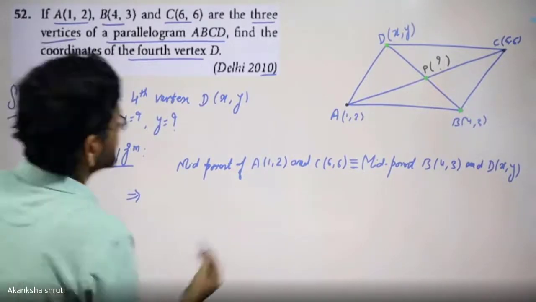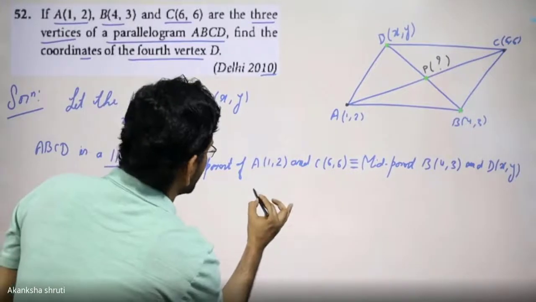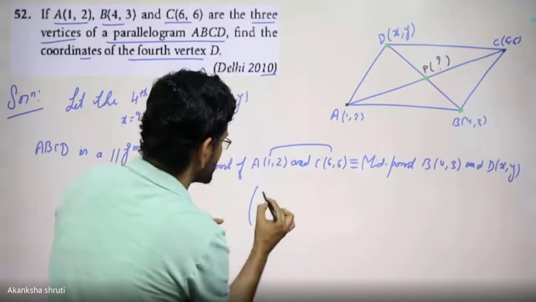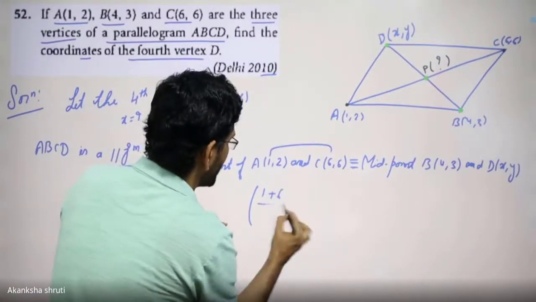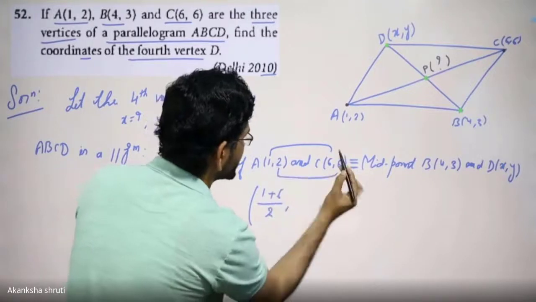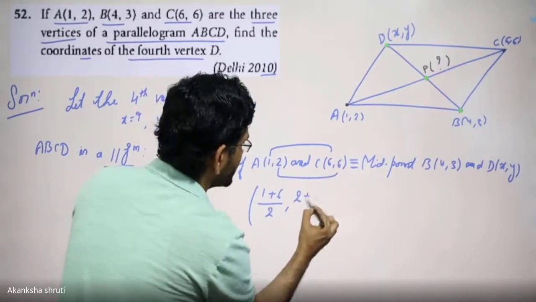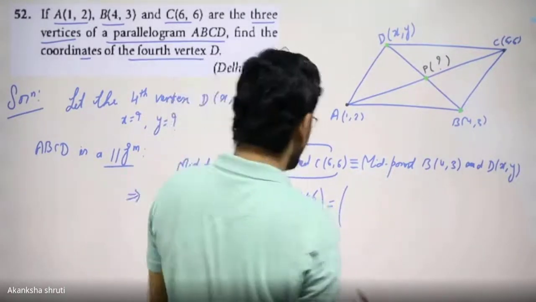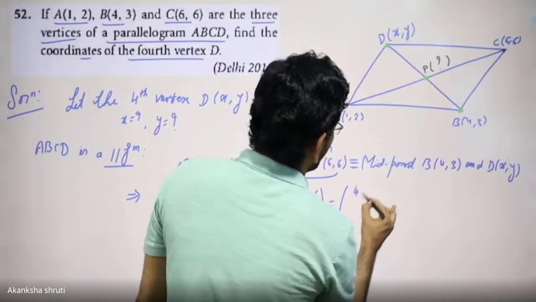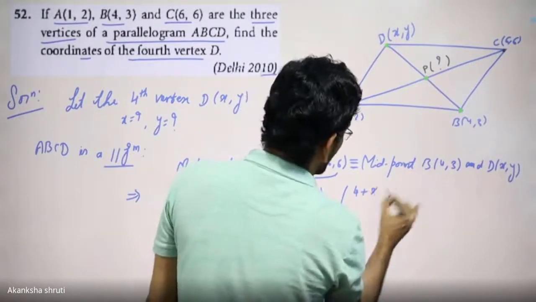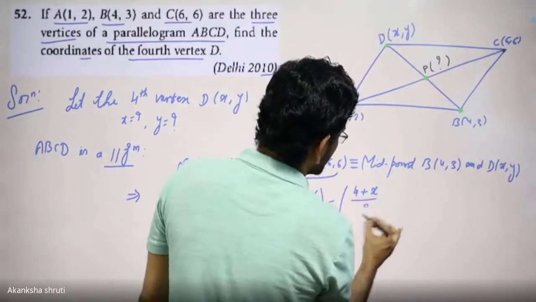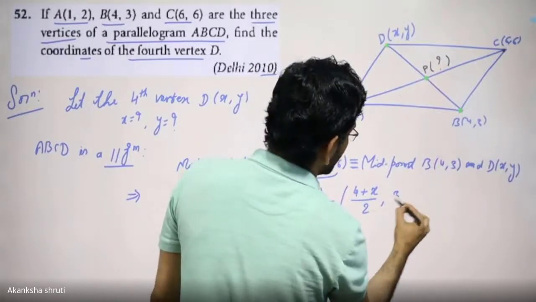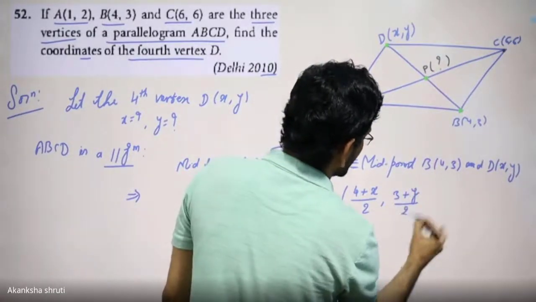Students, so the midpoint of AC is given by, in coordinate form, the addition of x coordinates by 2, means (1 plus 6) by 2, and the y coordinate, addition of the y coordinates by 2, (2 plus 6) by 2, is equal to the midpoint of BD, which is (4 plus x) by 2, considering the unknown vertex D as x, y, and (3 plus y) by 2.